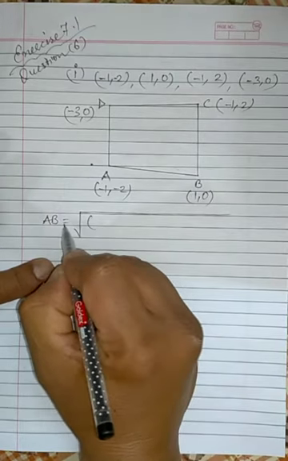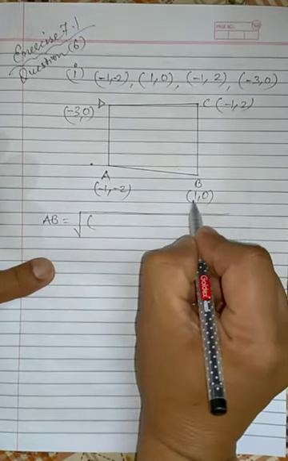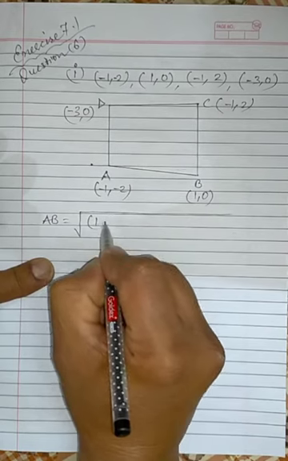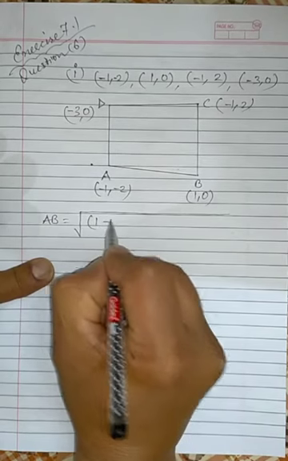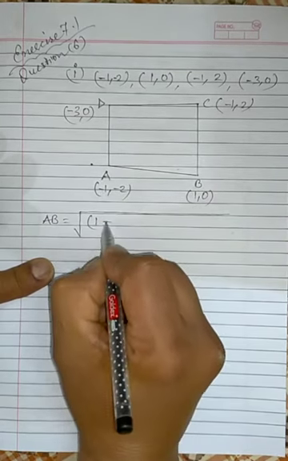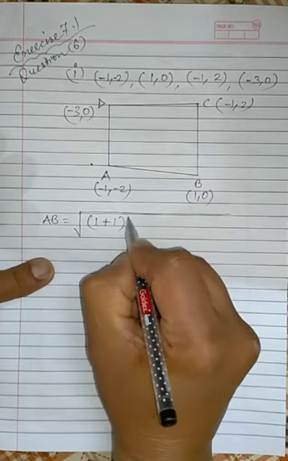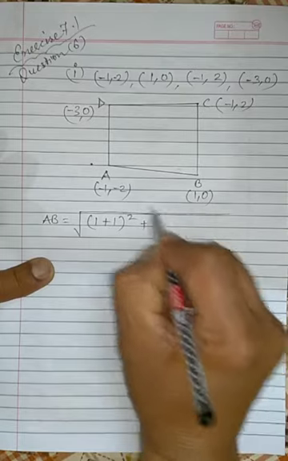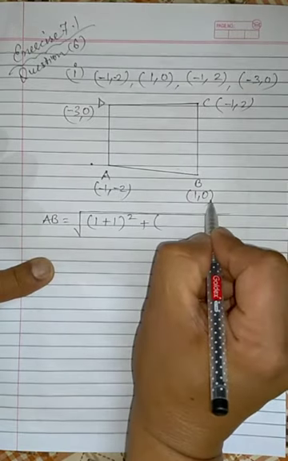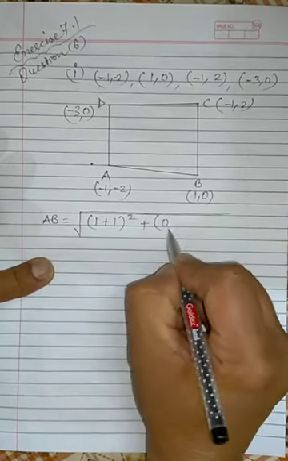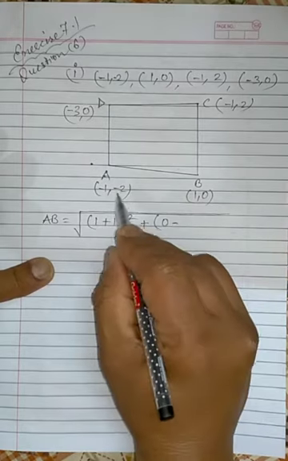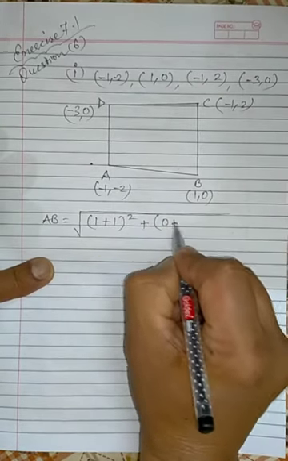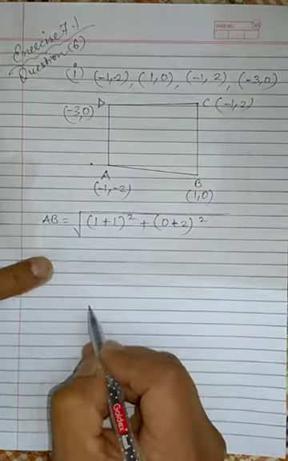So AB is equal to under root (1 minus -1, so minus becomes plus, 1 plus 1) whole square, plus (0 minus -2, that is +2) whole square.